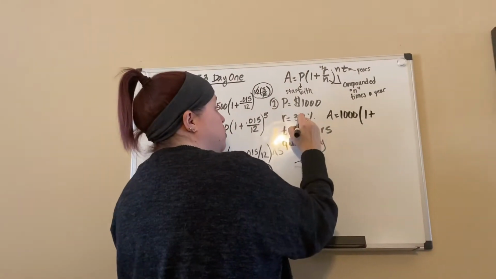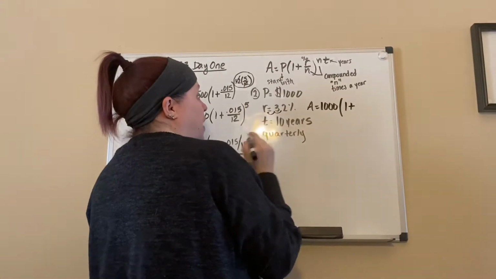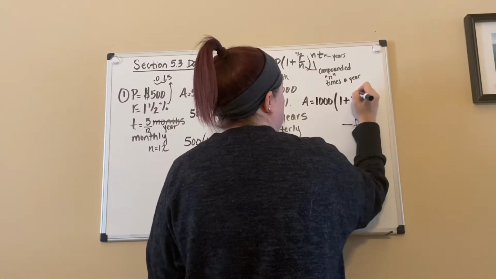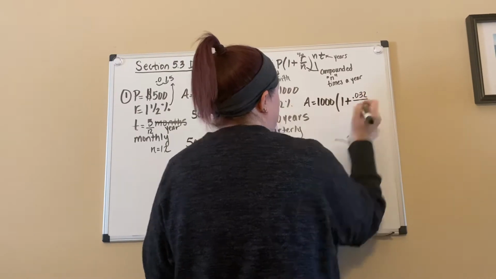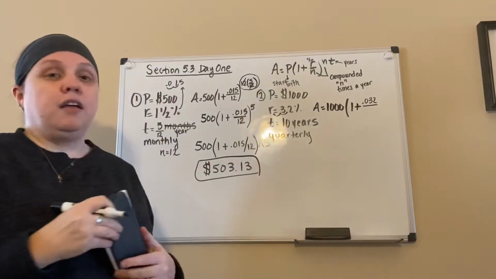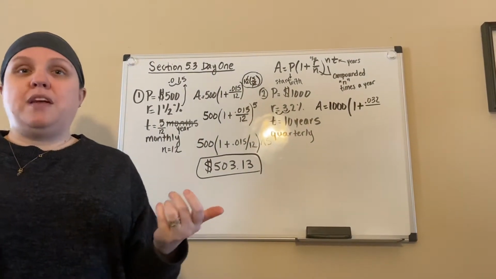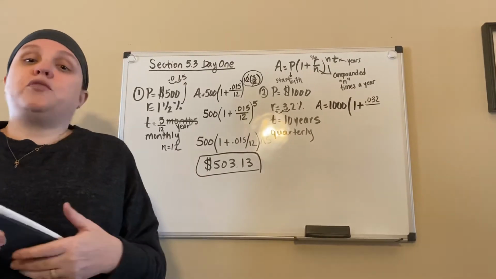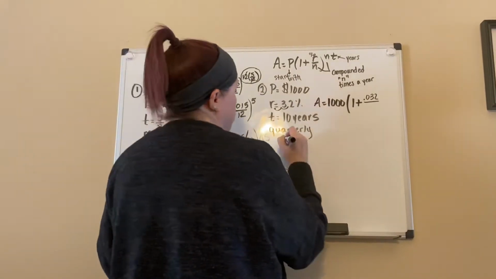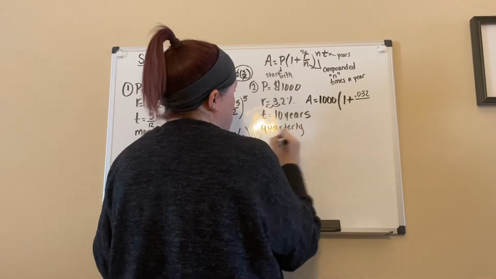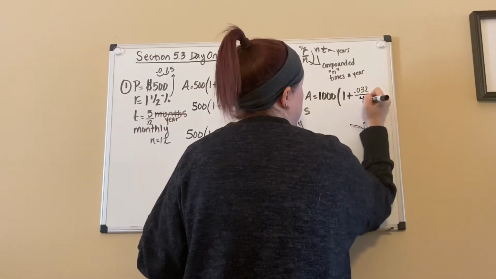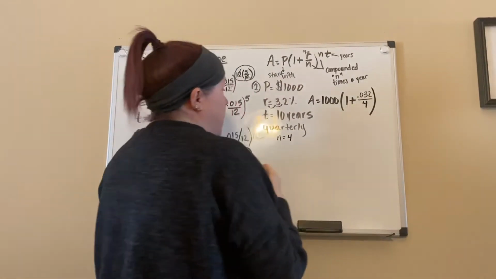If I move it over 2 decimal places, we have 0.032 divided by quarterly. How many quarters would there be, let's say, in $1? Well, there's 4. So my n value for quarterly equals 4. So I would divide by 4. And then it's to the nt power.